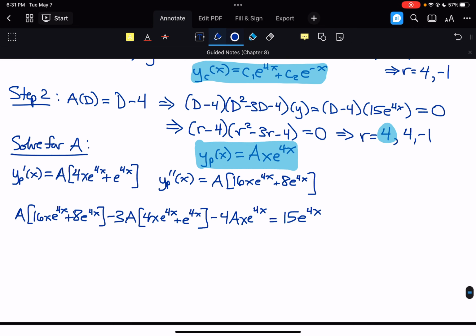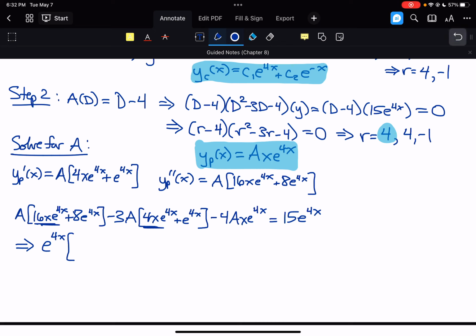If we manipulate this around a little bit, there's an e to the 4x in everything here, so we'll just pull it out to the front. What's left, we have some terms with an x, and then some terms without one.